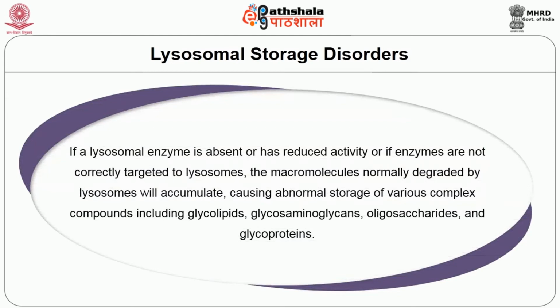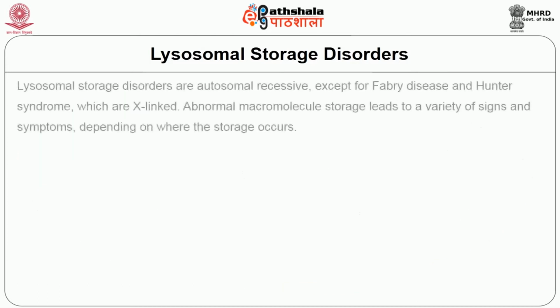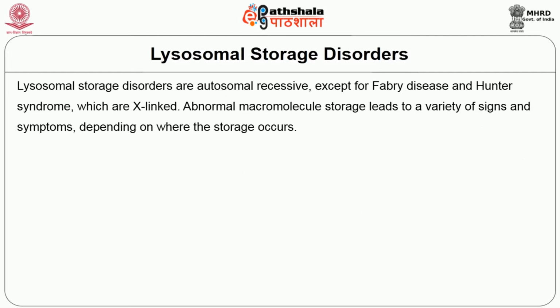If a lysosomal enzyme is absent or has reduced activity, or if enzymes are not correctly targeted to lysosomes, the macromolecules normally degraded by lysosomes will accumulate, which results in the abnormal storage of various complex compounds including glycolipids, glycosaminoglycans, oligosaccharides and glycoproteins. Lysosomal storage disorders are autosomal recessive except for Fabry disease and Hunter syndrome, which are X-linked diseases. Abnormal macromolecule storage leads to a variety of signs and symptoms depending on where the storage occurs.